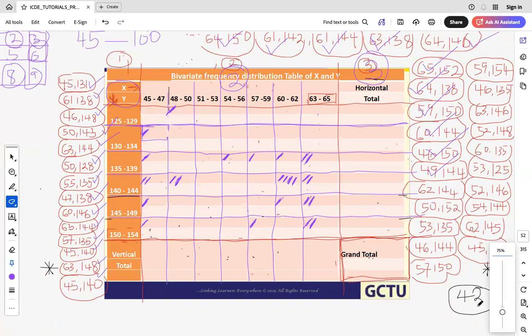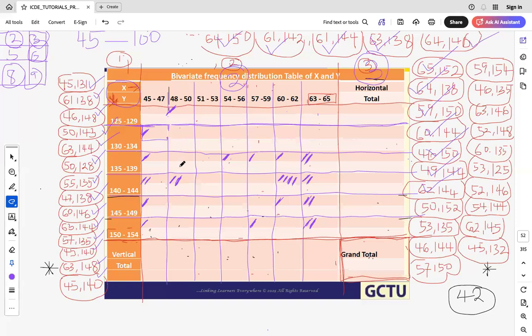Let's continue. Now we are at 62, 144. So 62, I think I did that. That's what landed us here as the fourth one. So this is done. Then 50, 152. So 50 is here.